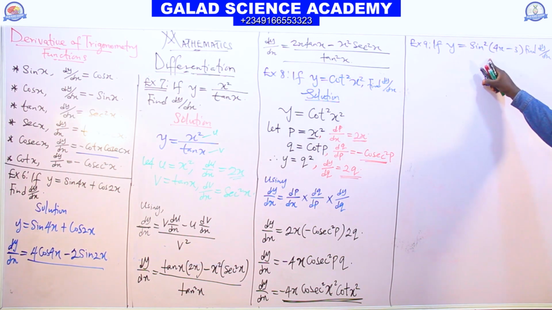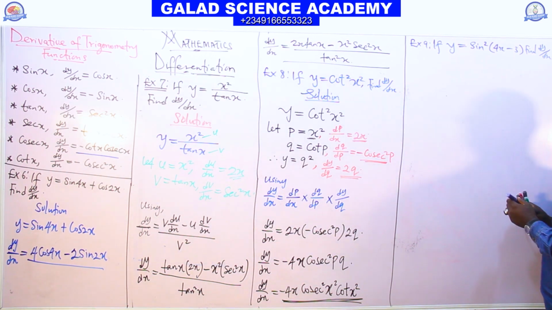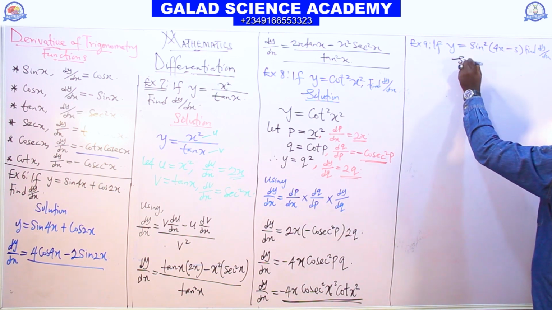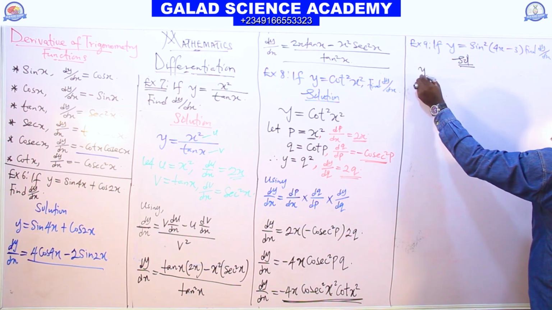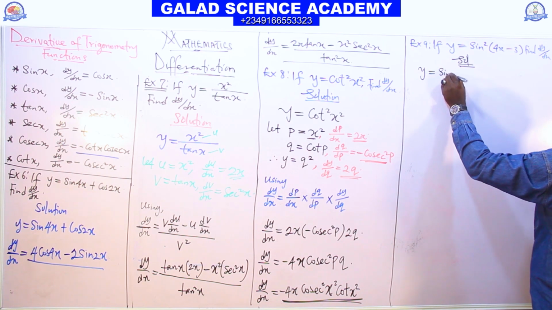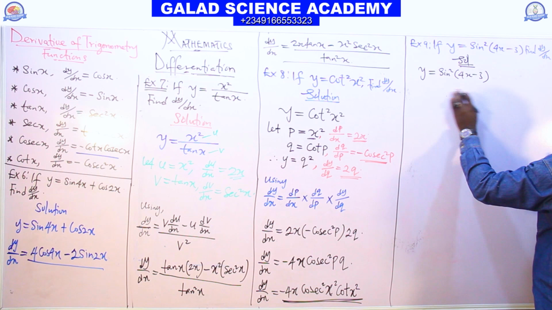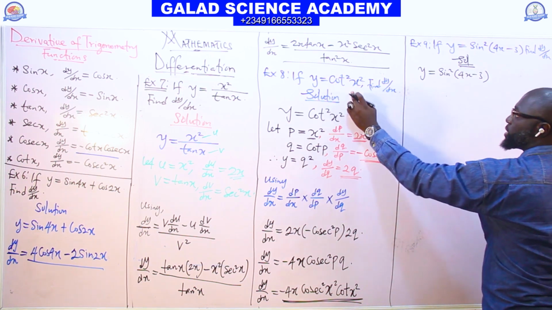Can you solve this or should I solve it? Let me solve it. So for this kind of question, solution: y equal to sine square 4x minus 3, which is almost the same as this.